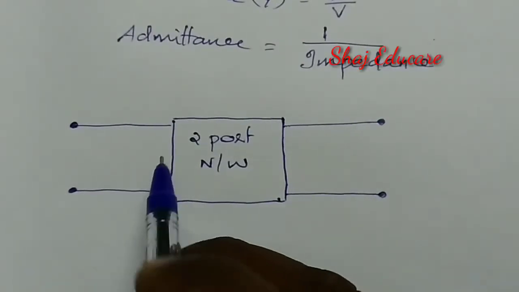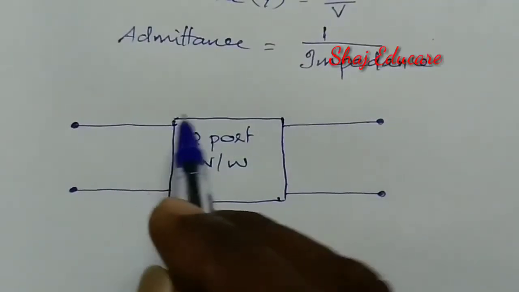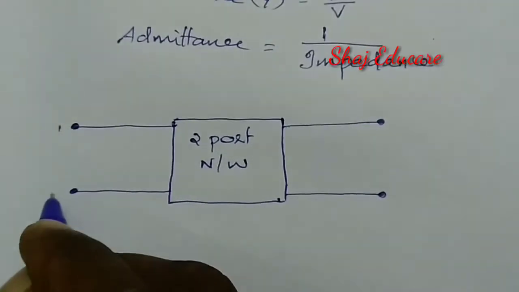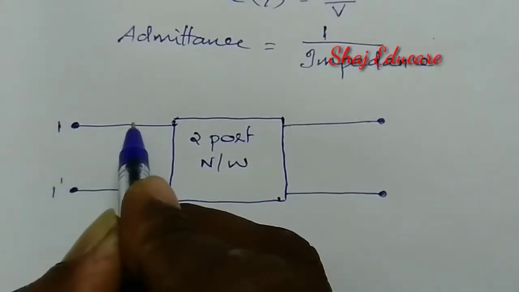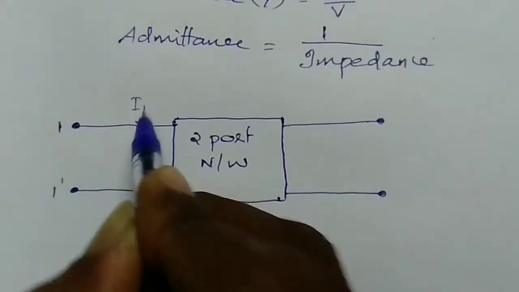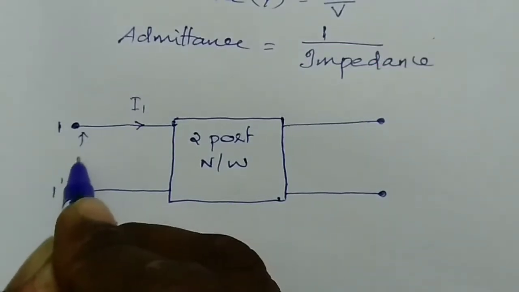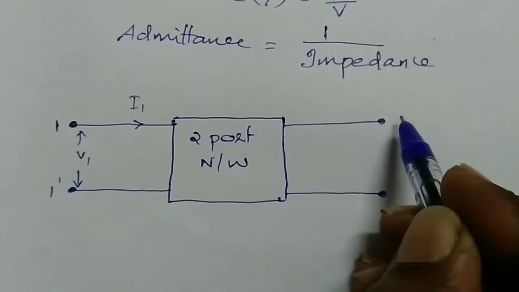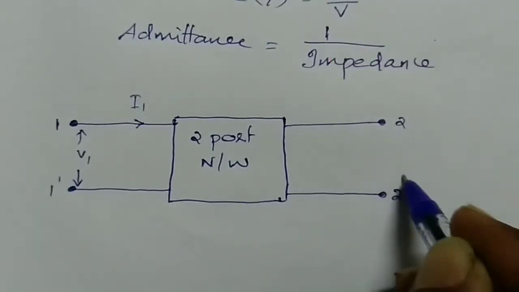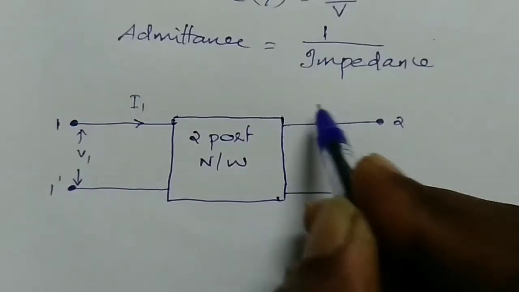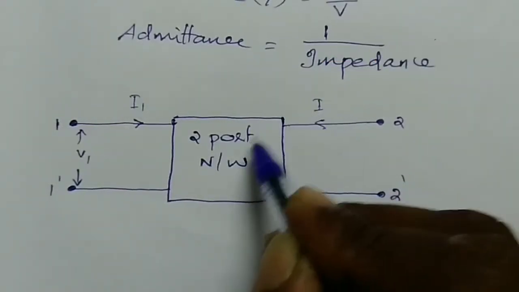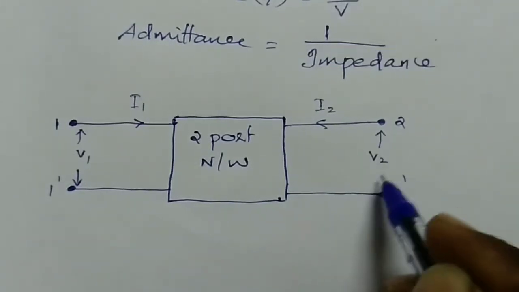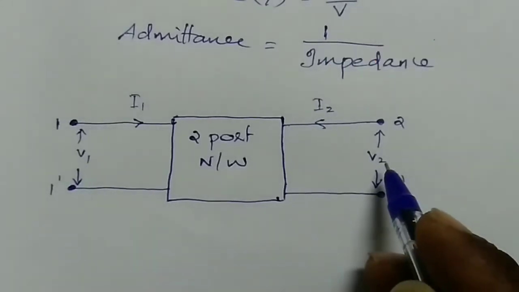This is the basic block schematic of a two-port network, in which these are the input ports. 1 dash is the input port, the corresponding current is I1, and the voltage across the input port we denote as V1. Similarly, in the output section, we have port 2 dash. The current drawn by the network is I2, and the voltage across the output terminal is V2.